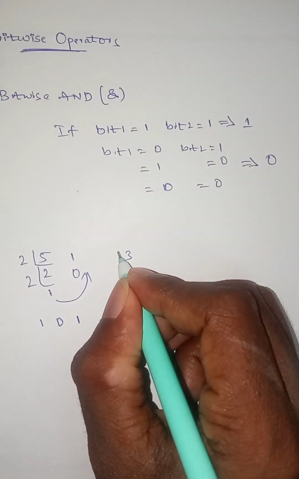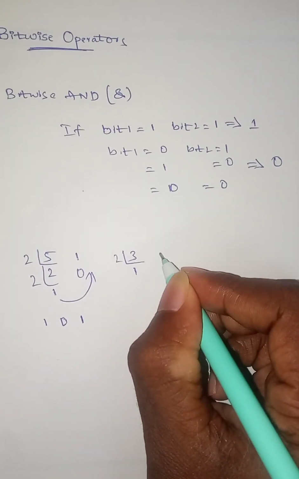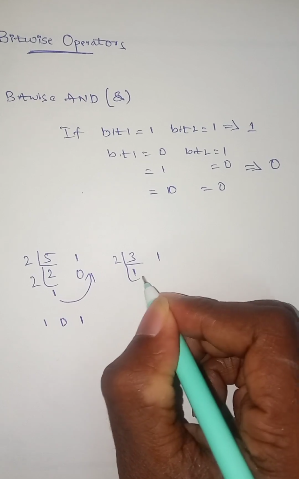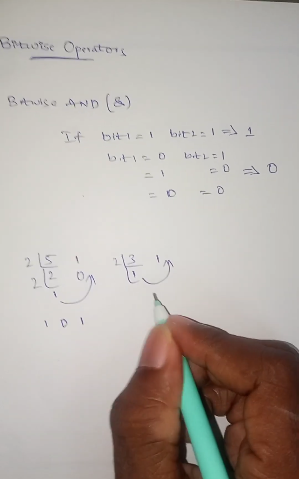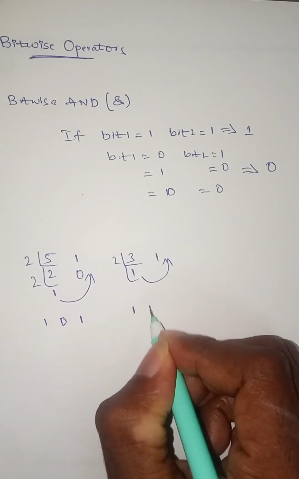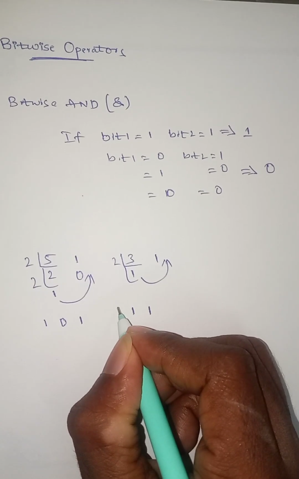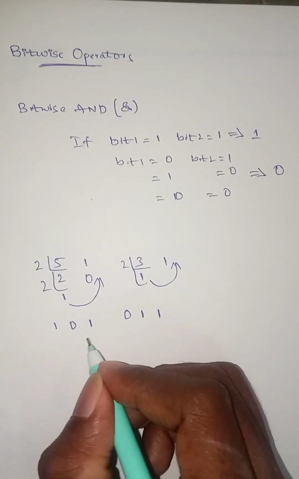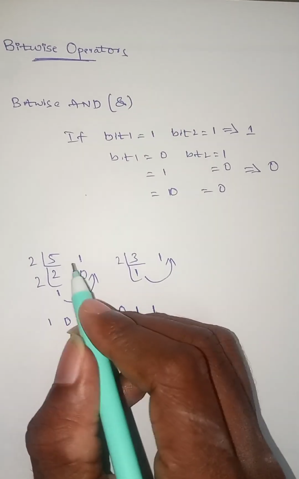Similarly for 3, 2 ones are 2, remainder is 1, and in bit representation it will be 1 1. So here we can put a 0. Now these are the bit representations of the values 5 and 3.